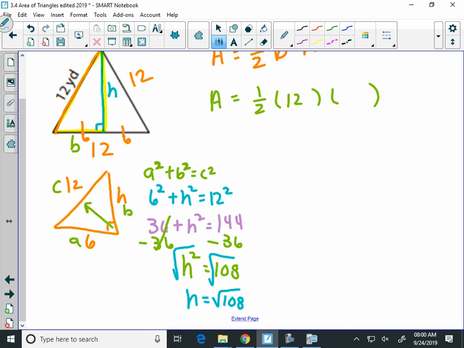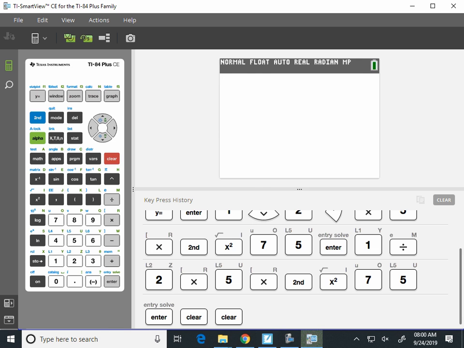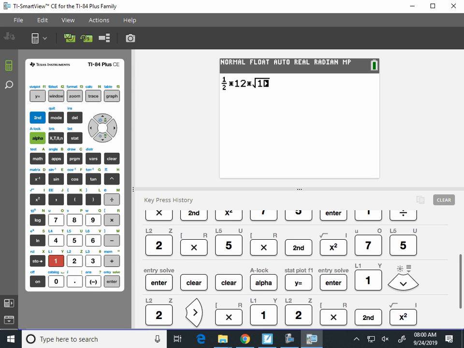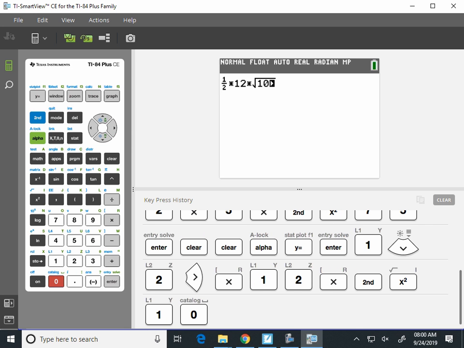So we know our base is 12. We know our height is radical 108. Now plug that in your calculator: 1/2 times 12 times radical 108. It said round to the nearest hundredth. How many decimal places is 100? 2.